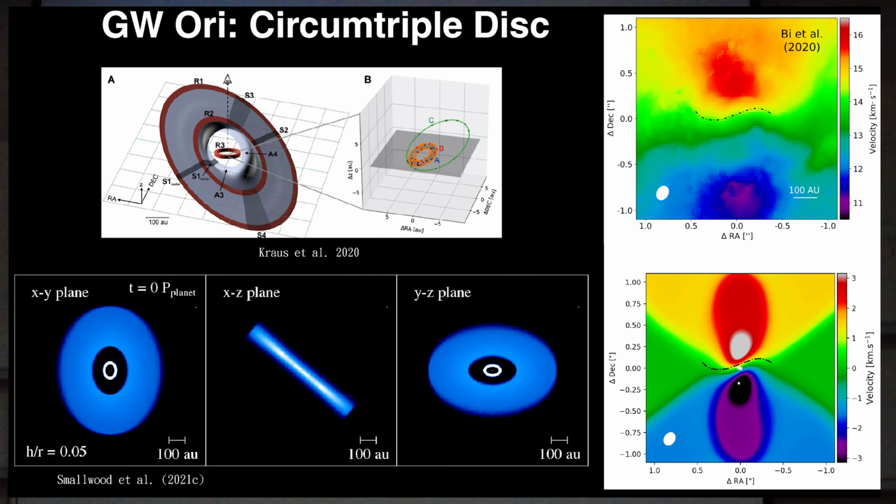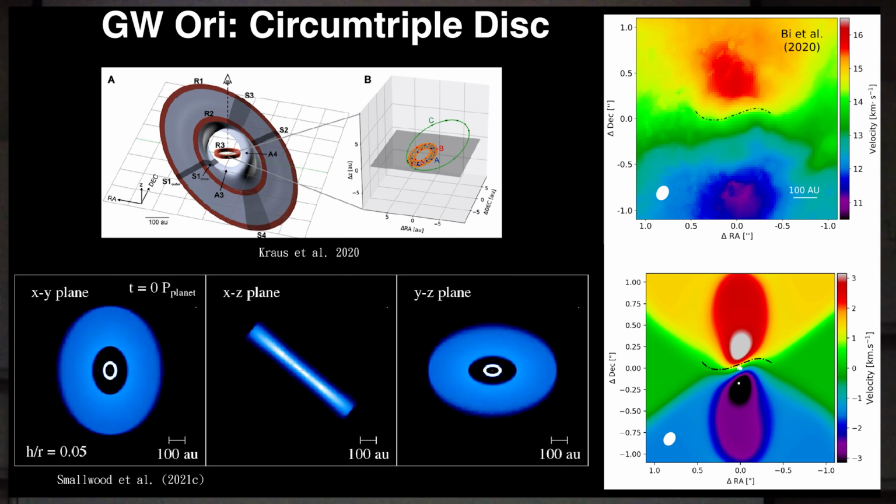And so we're quite confident that there could be a planet carving this gap in this system, and if it's actually true, it's the first planet on a circumtriple orbit.